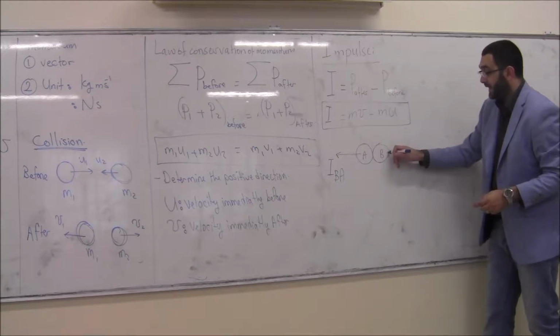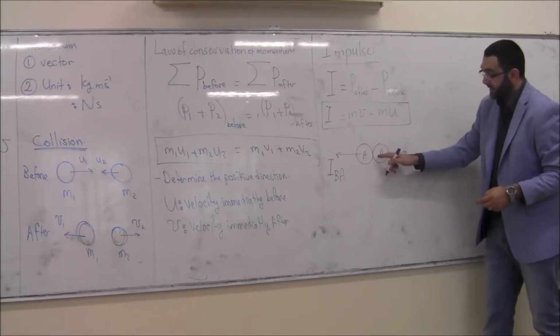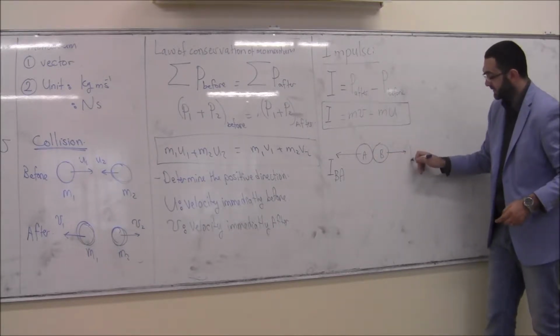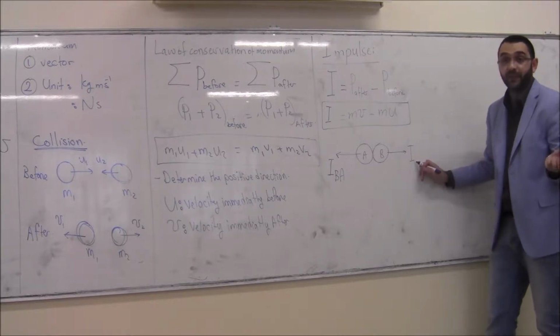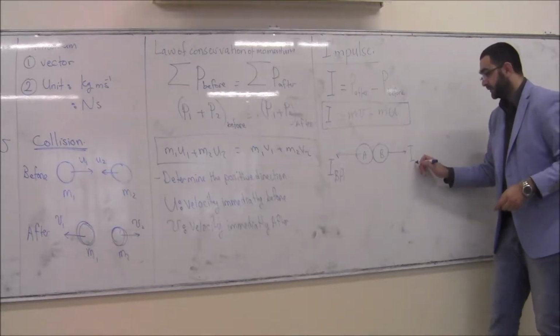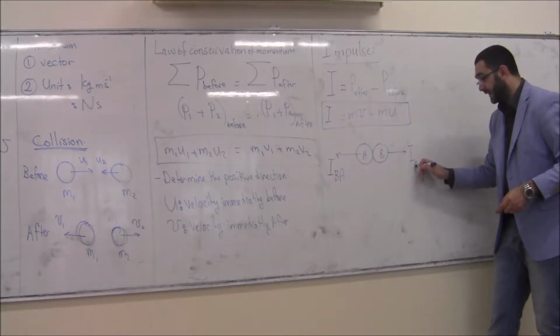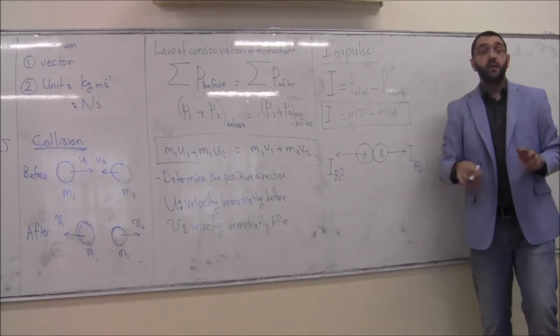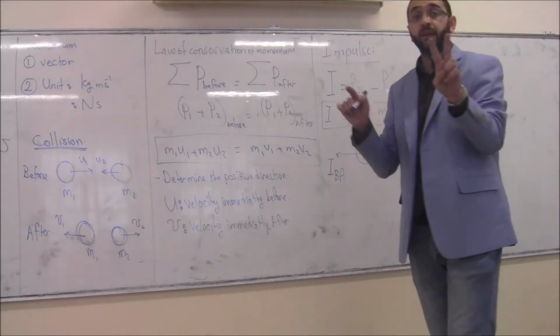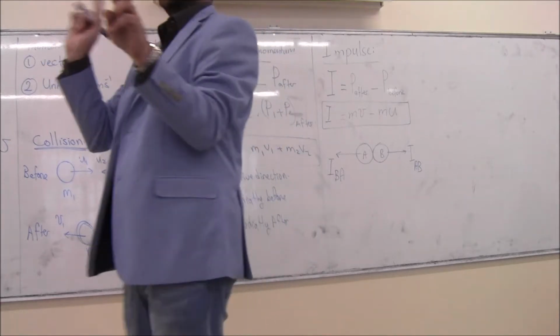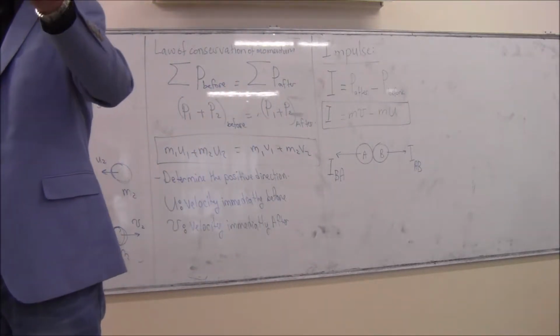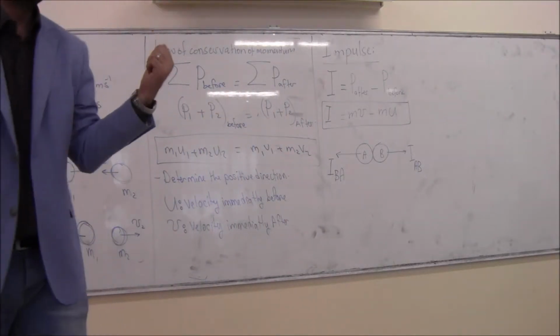As well, A will exert also an impulse on B in the opposite direction, equal in magnitude but opposite in direction. This is A on B. The two values IAB and IBA are equivalent but in the opposite direction.